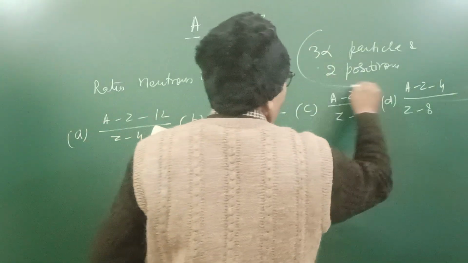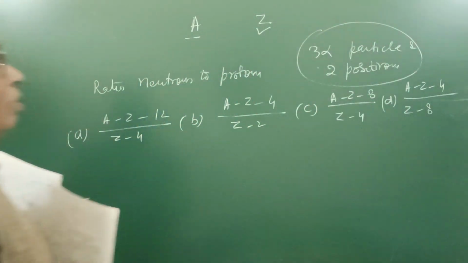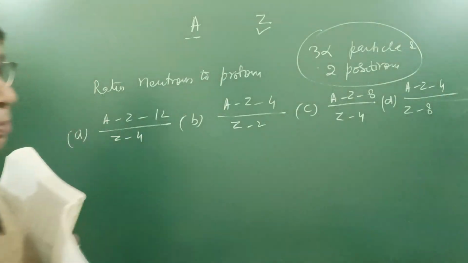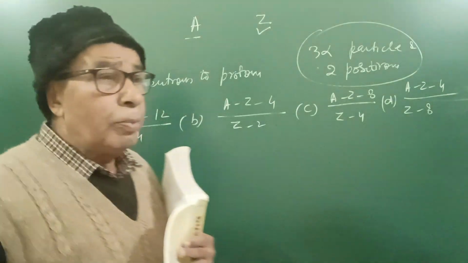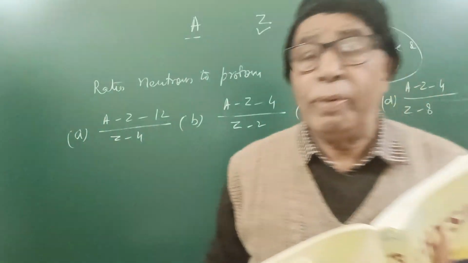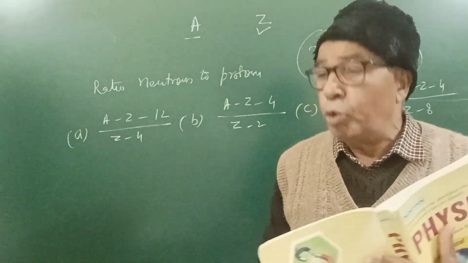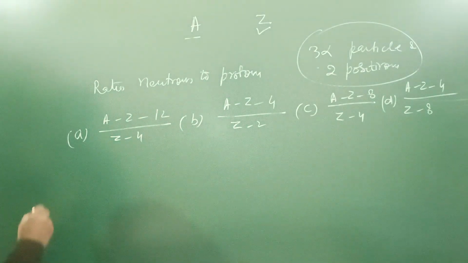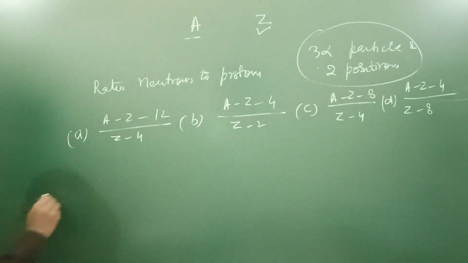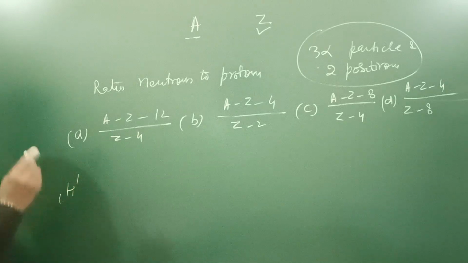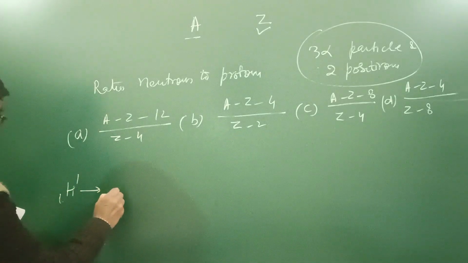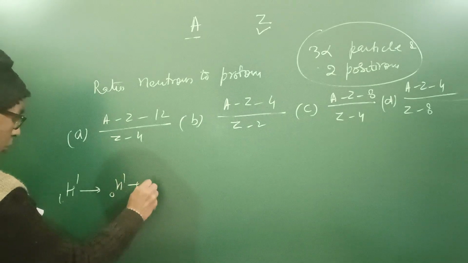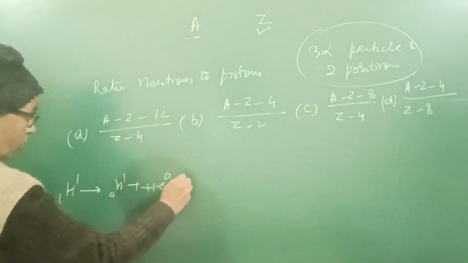It emits 3 alpha particles and 2 positrons. Positrons are emitted when a proton decays into a neutron. Do you know? 1H1 inside the nucleus decays into a neutron plus a positron plus a neutrino.